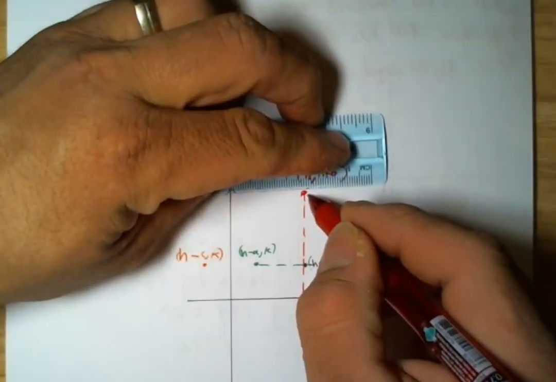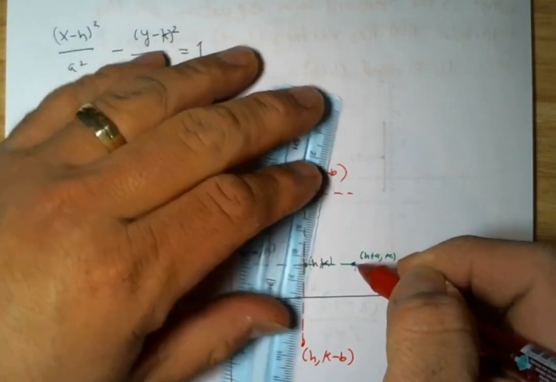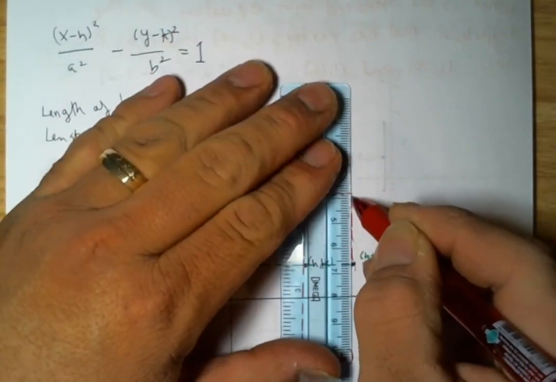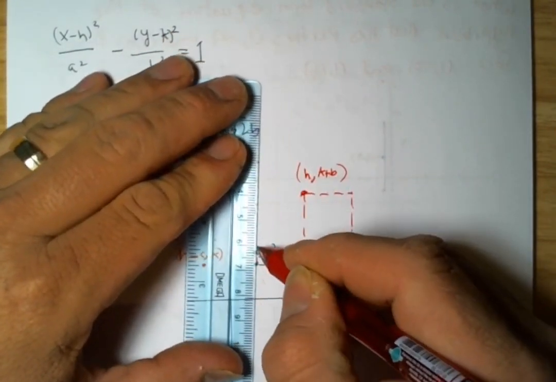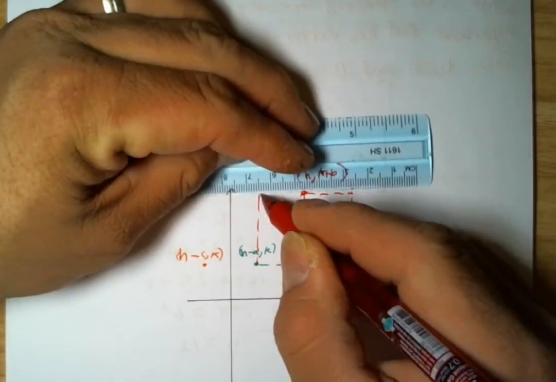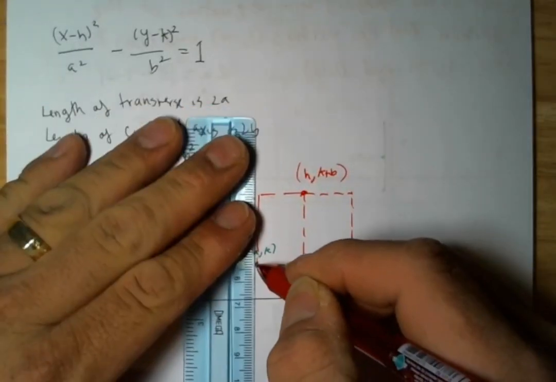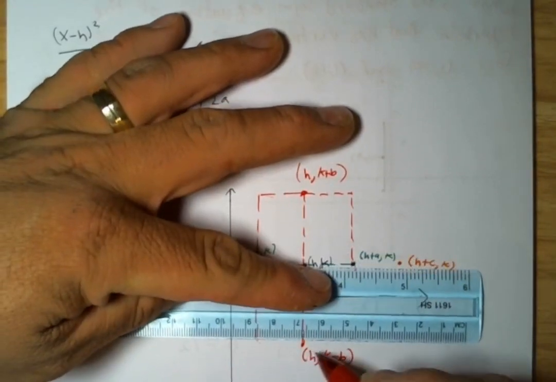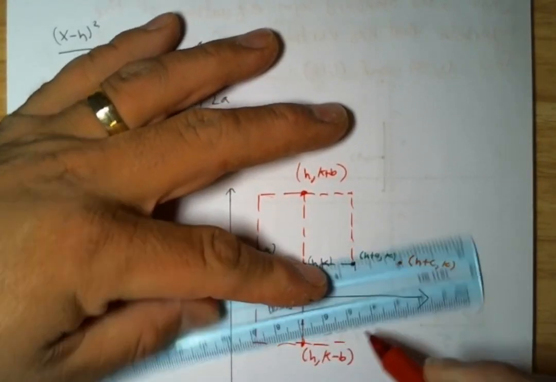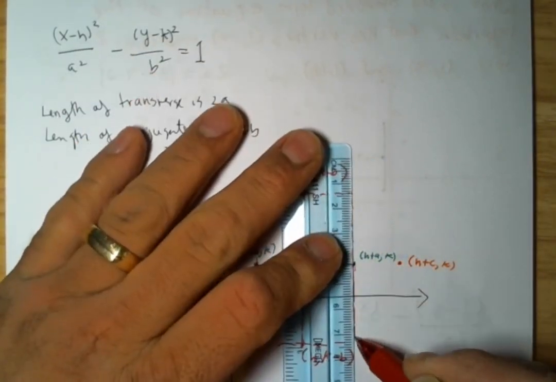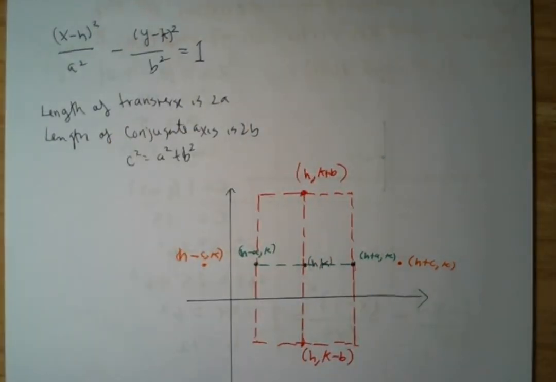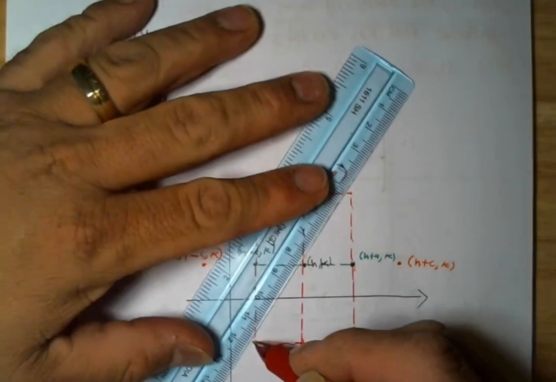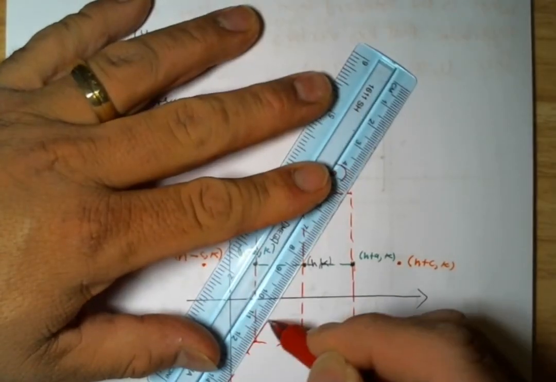Okay, and we can draw that little rectangle from here.